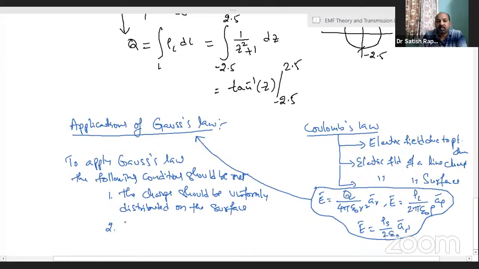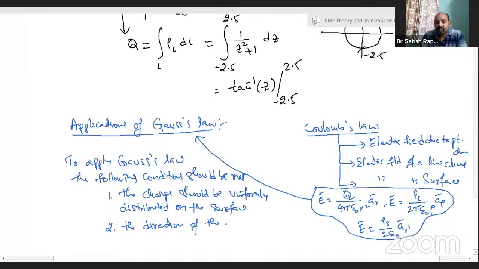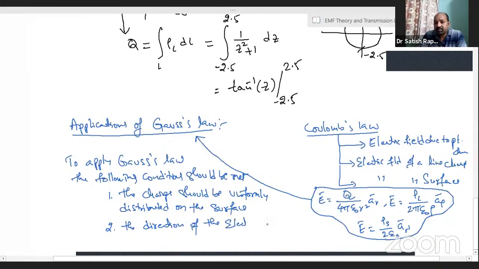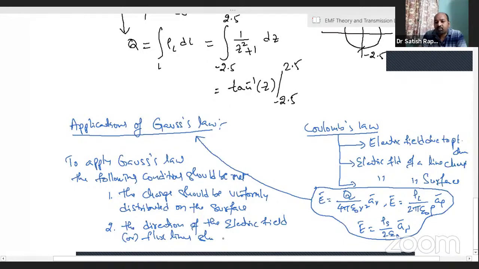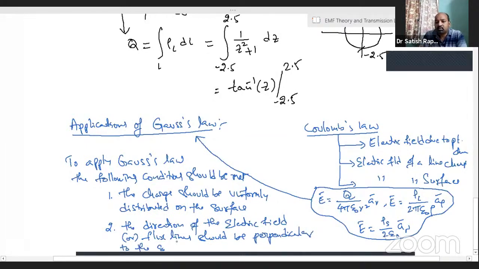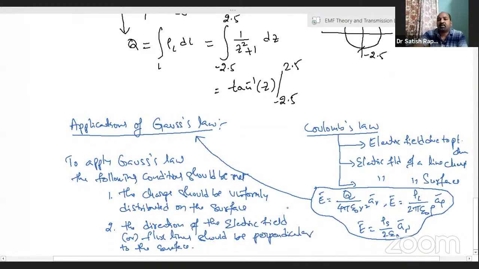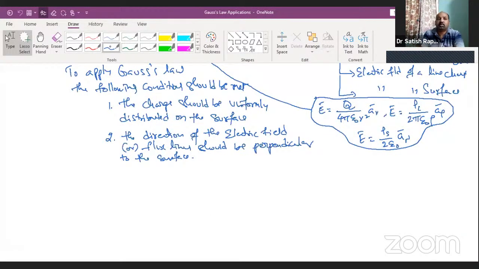And the second one, the direction of the electric field or flux lines should be perpendicular to the surface, right?